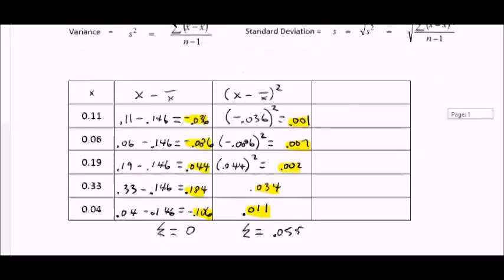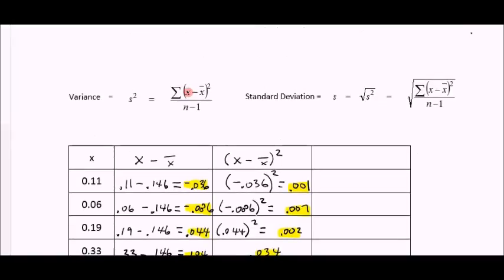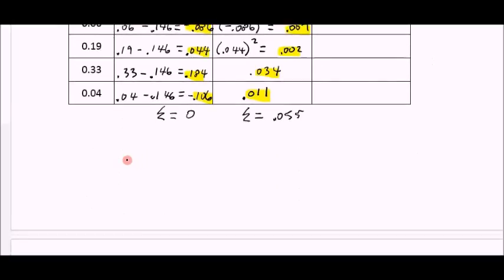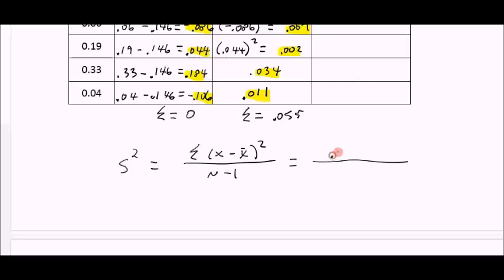Now if you look back at the formula, we've just calculated the numerator, x minus x bar squared, and then we summed all of those up. Let me rewrite the formula down here. We just said that the numerator of that formula is 0.055.